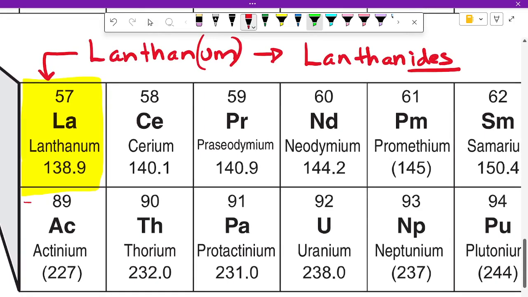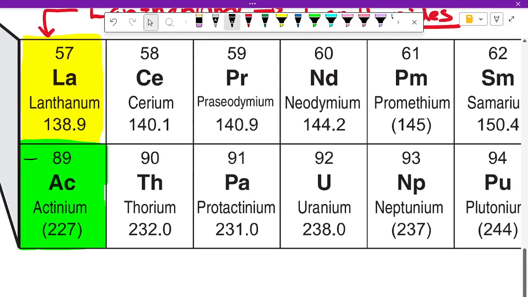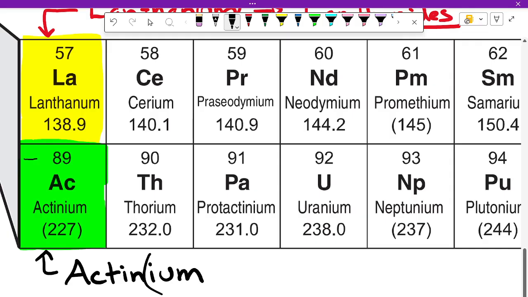See if you can tell your partner what you think the name of the row starting with actinium is. What would those be called?